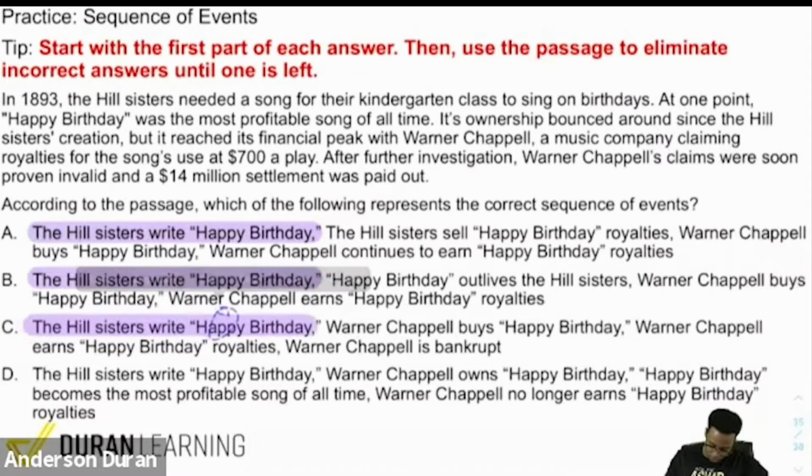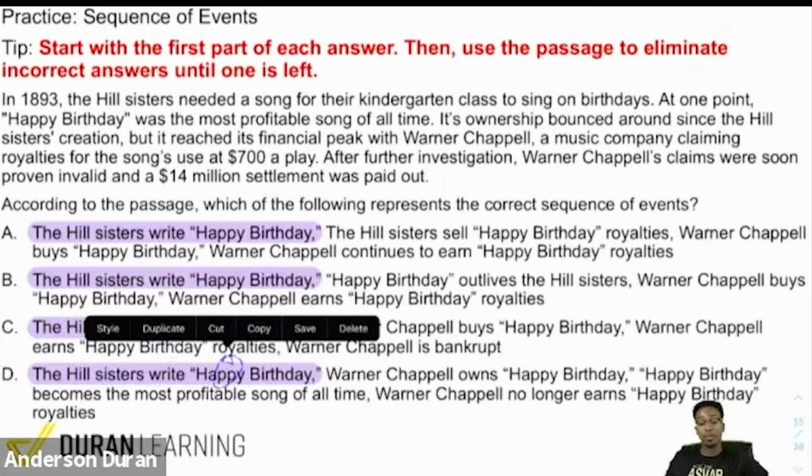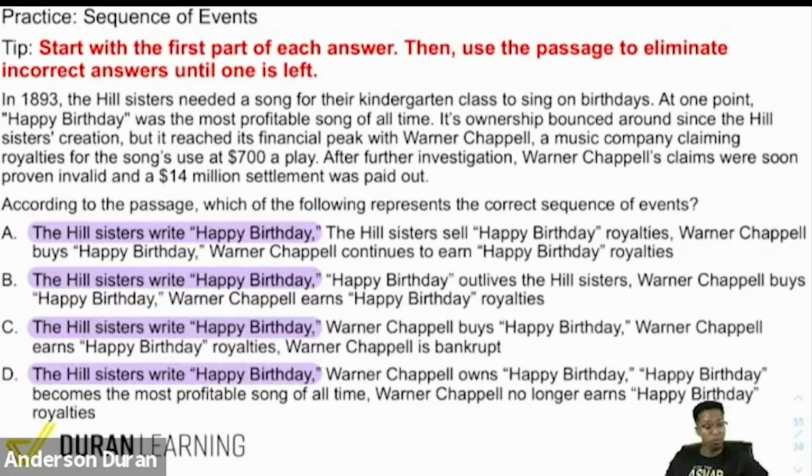Do we have to debate whether the first thing that happened was the Hill Sisters writing happy birthday? No. They're all purple. All 4 answers are purple. I don't have to really do anything here.